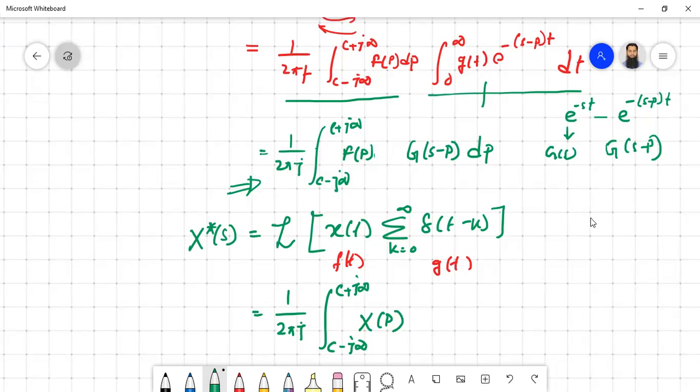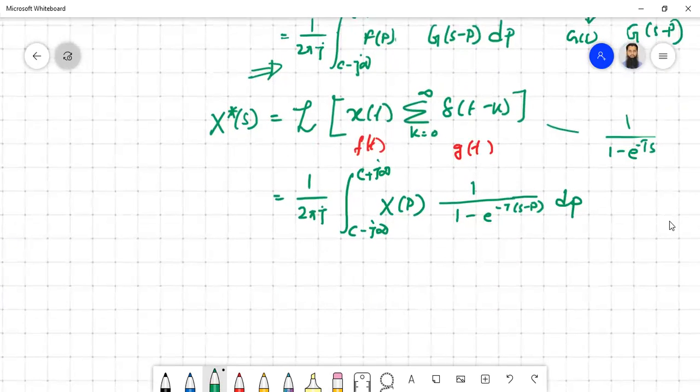We already figured out the Laplace transformation of the second one, which is 1 by 1 minus e to the power minus Ts. Now s is replaced by s minus p, so we write 1 by 1 minus e to the power minus T(s minus p), and then finally dp, the integration operator. This particular equation is basically known as the convolution integral.